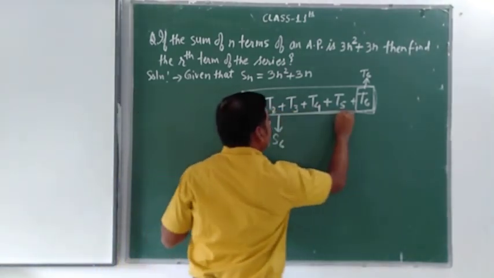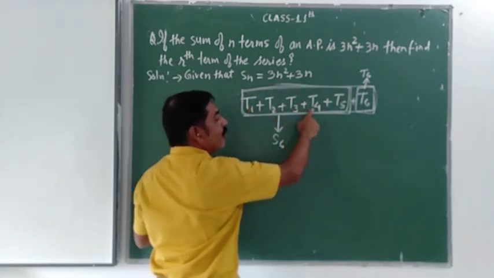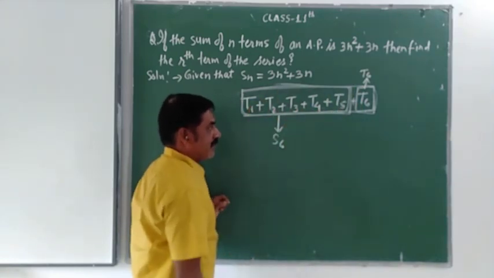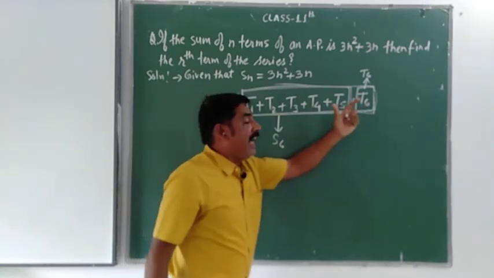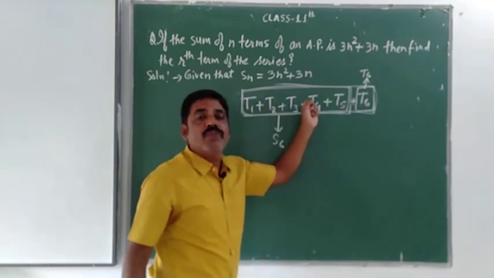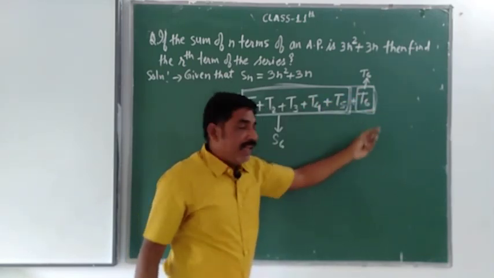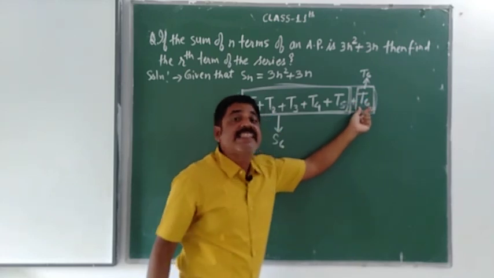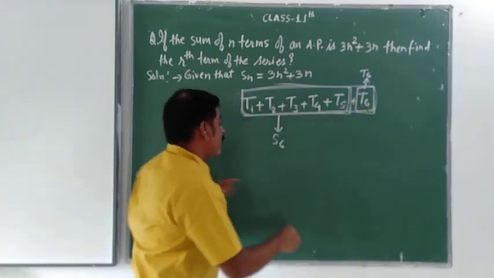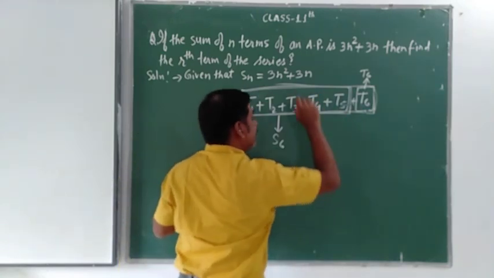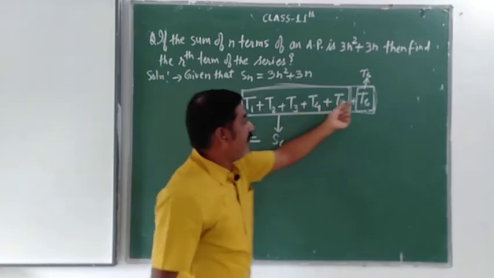Now what is this? The sum of 5 terms, right? S6 means T1 plus T2 plus T3 plus T4 plus T5 plus T6, and we only have to find the 6th term. बेटा, हमें सिर्फ ये टर्म T6 फाइंड करना है.